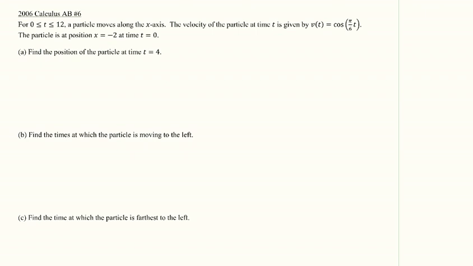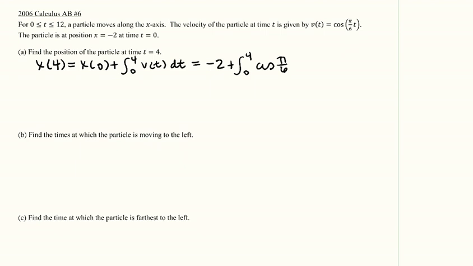x of 4 is going to be equal to x of 0 plus the integral from 0 to 4 of v of t dt, which is going to be -2 plus the integral from 0 to 4 of cosine of pi over 6t dt.